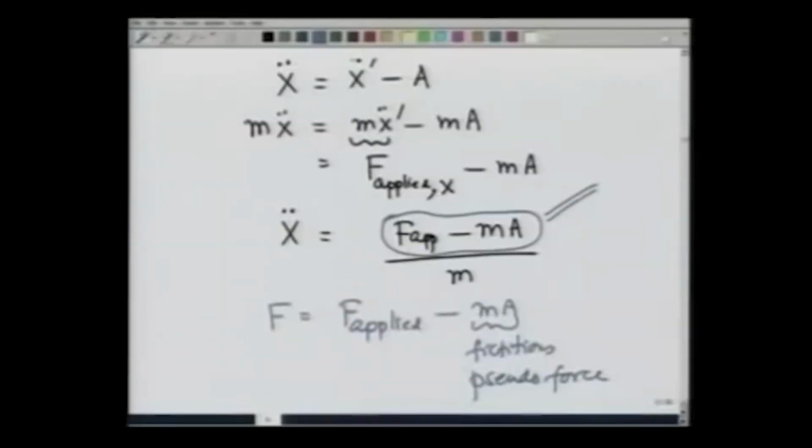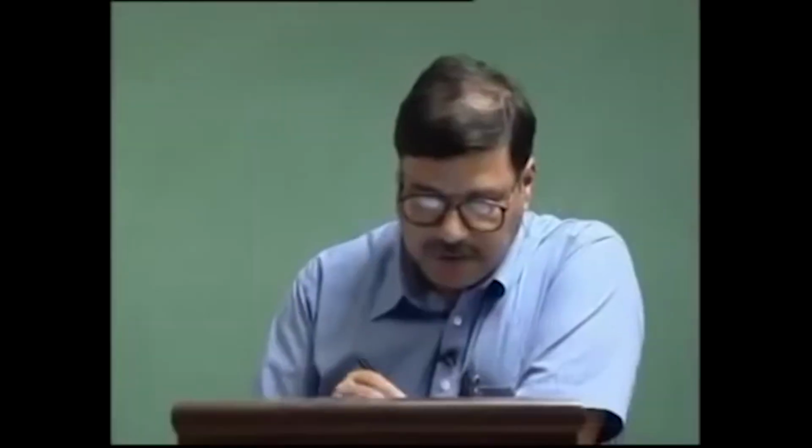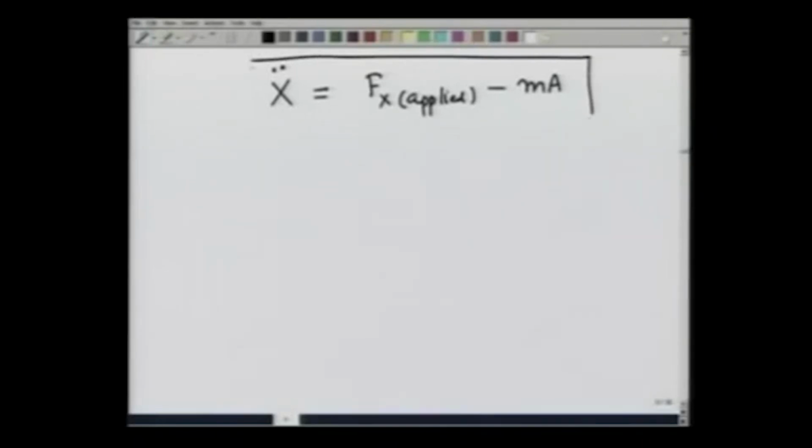So, I introduce a force, and now I have got my equation of motion, and that is that in the accelerating frame I would describe the change in the x coordinate as F in the x direction applied minus m a, divided by m. Solution of this should give me x as a function of time.